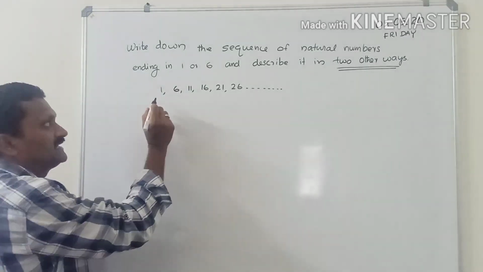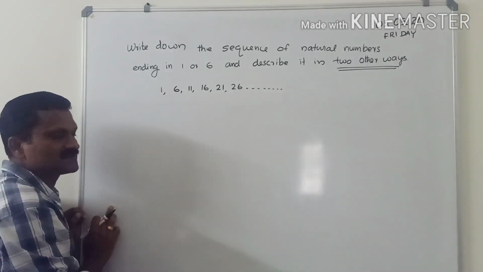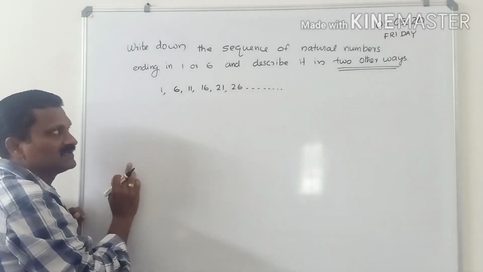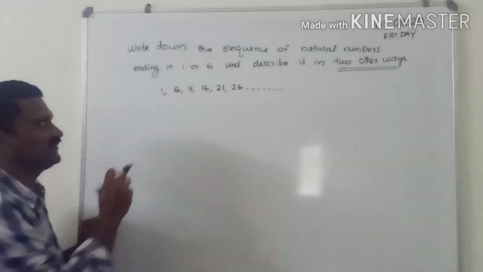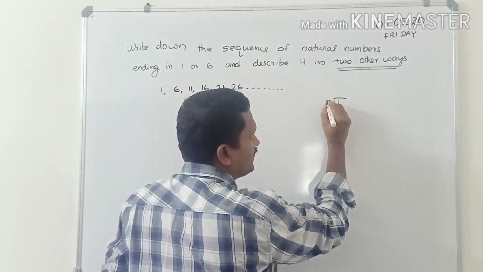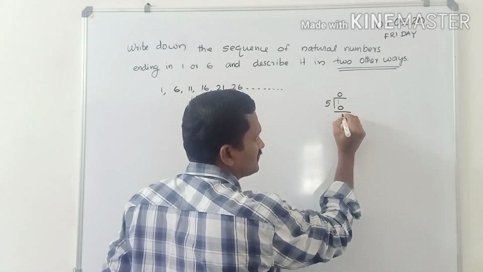First we find the characteristic or peculiarity of these numbers. We know that all these numbers leave remainder 1 when divided by 5. It is clear that when the first number 1 is divided by 5, the quotient is 0 and the remainder is 1.